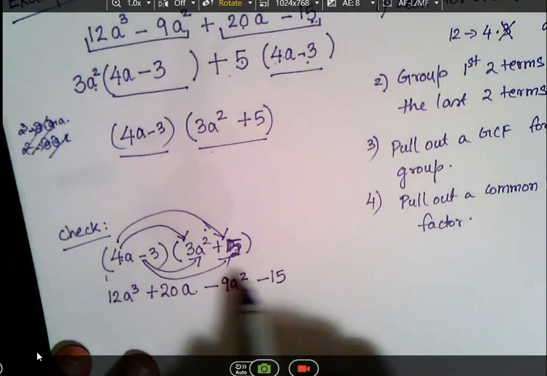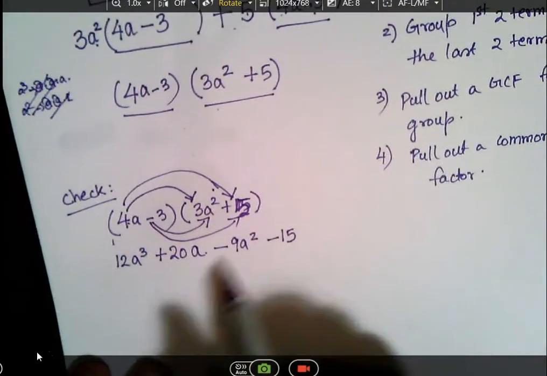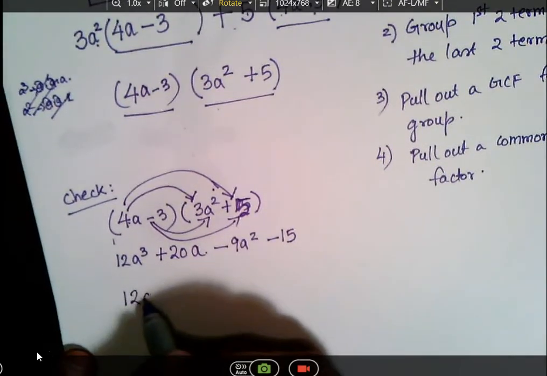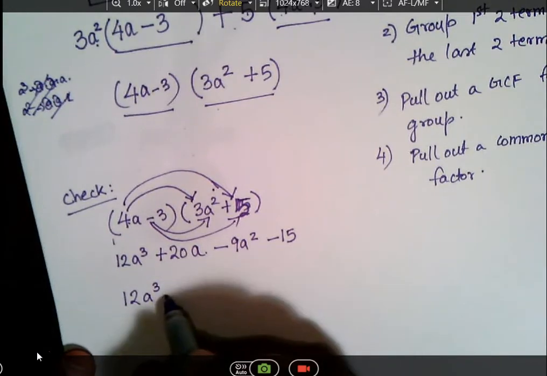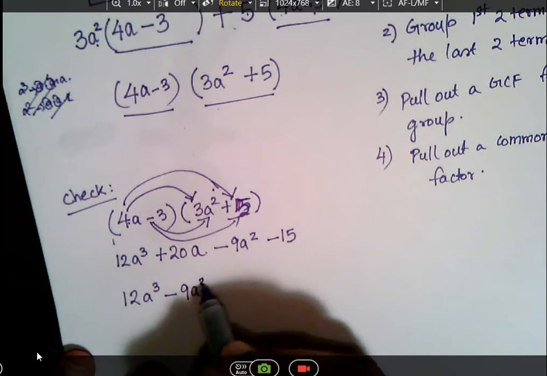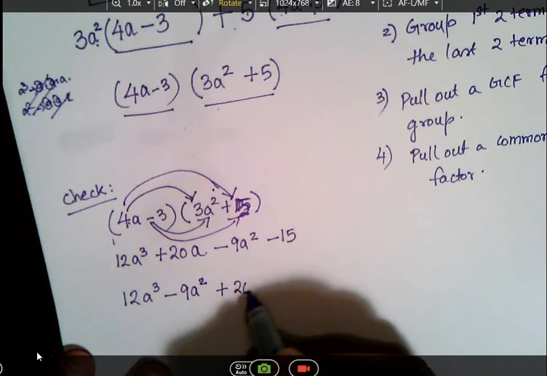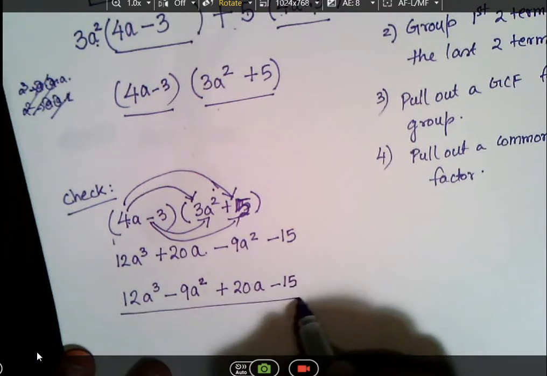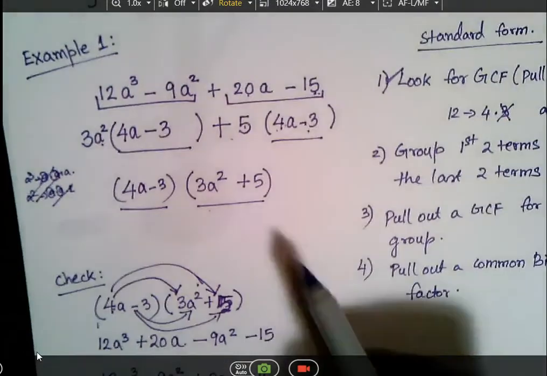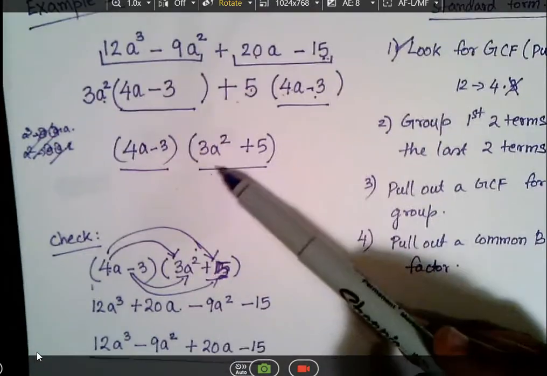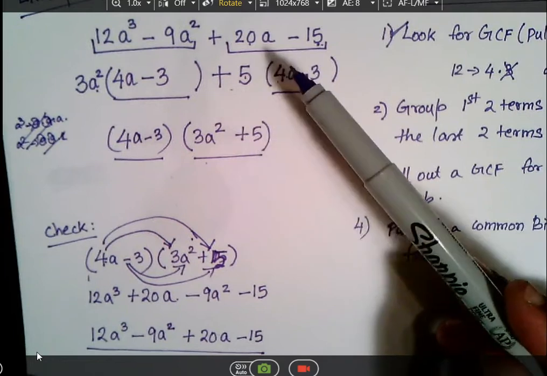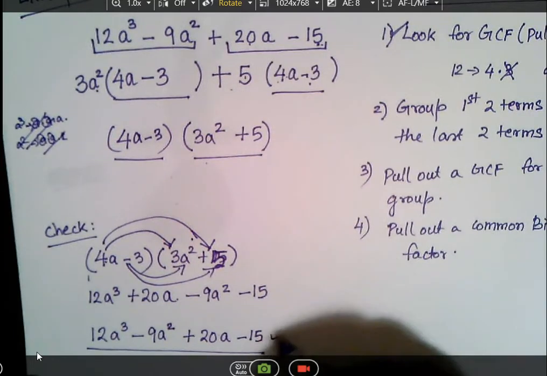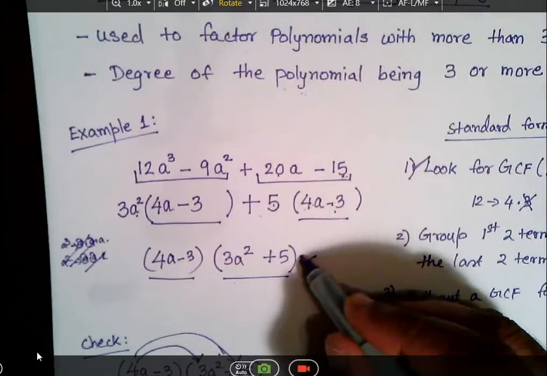Now if I rearrange the terms to put it in standard form, I will write the a cubed term first, then comes my a squared term, then comes my a term, and then comes my constant term. So when I look at it, I got back my original problem, 12a cubed minus 9a squared plus 20a minus 15. So my factoring is correct.